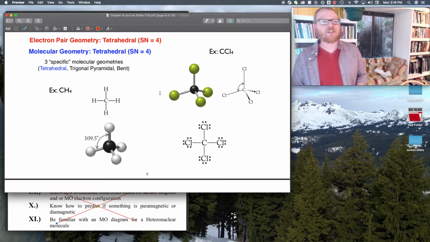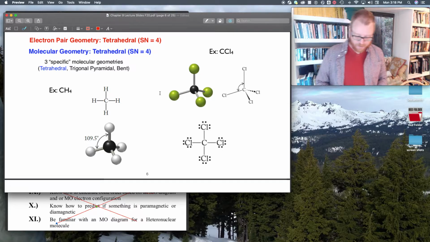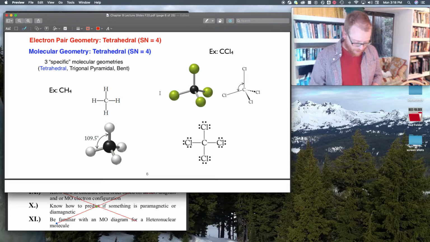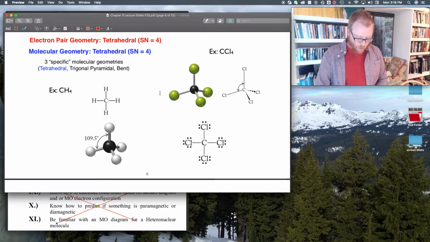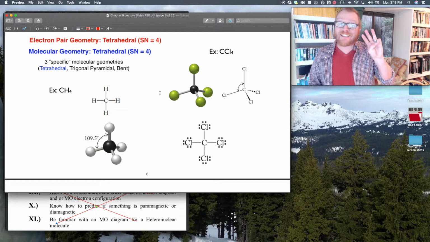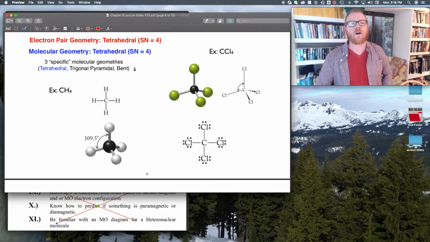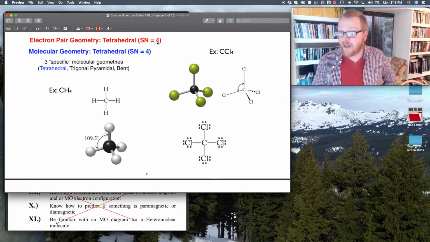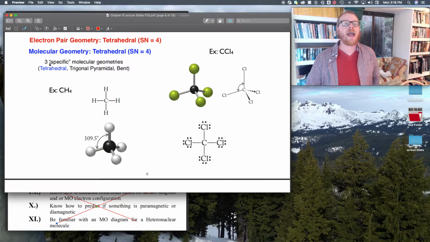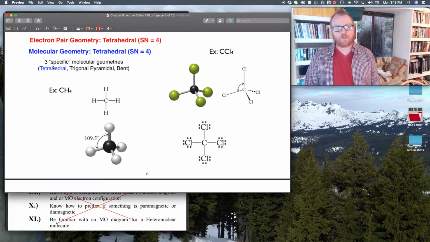So now, when we have an electron pair geometry of 4, steric number of 4, we're actually going to get 3 specific geometries, okay? And hopefully you can see by now the way this is going to work, the bigger the number gets, the more specific geometries there are, and it's always one less than the total.